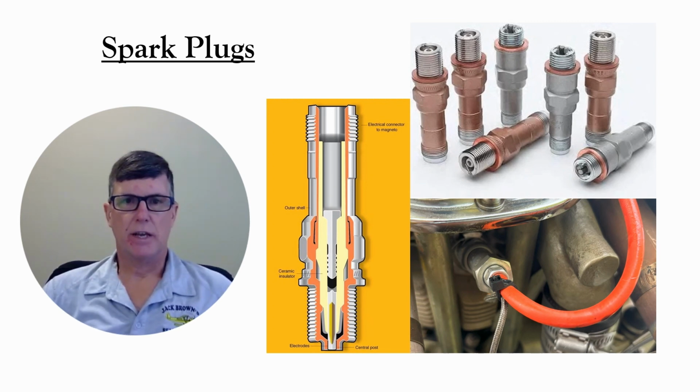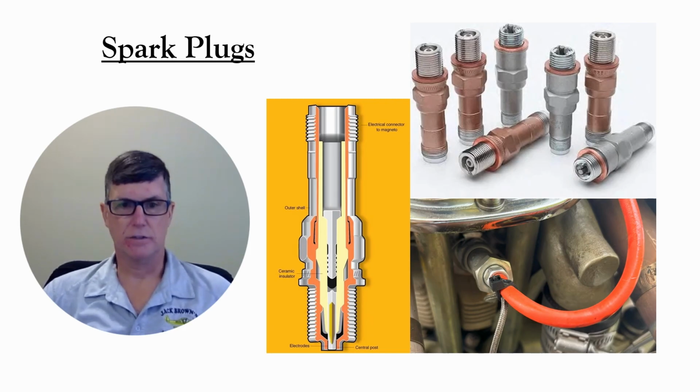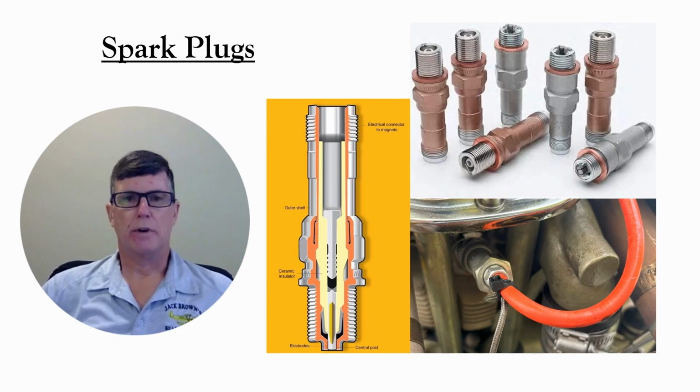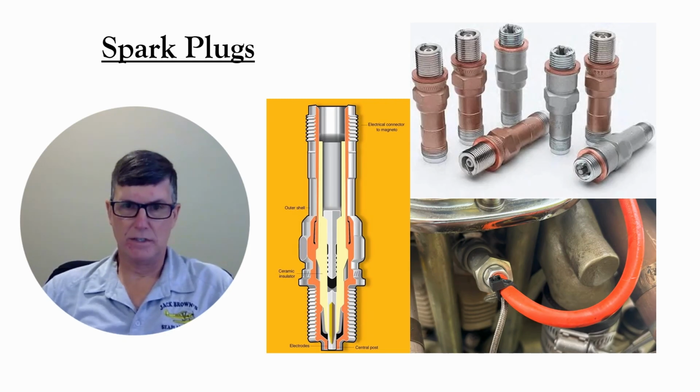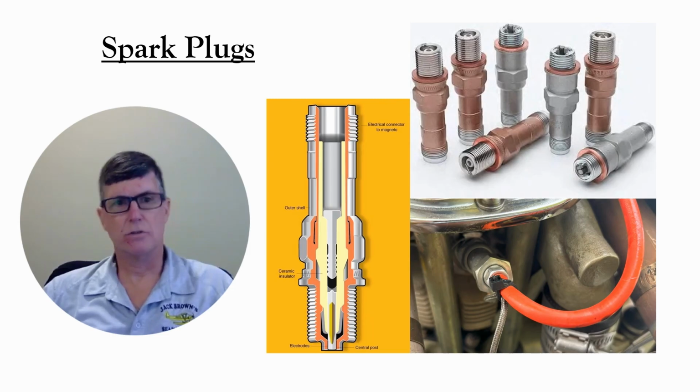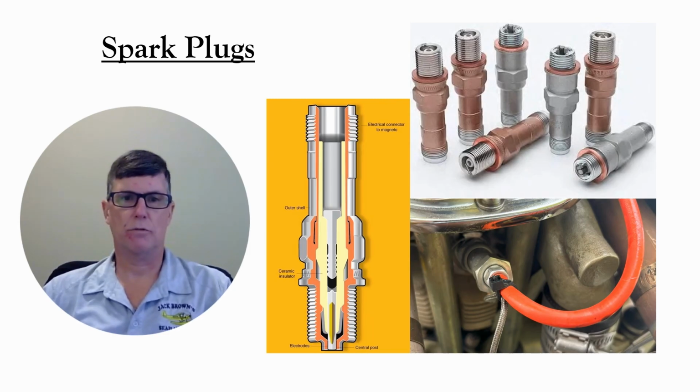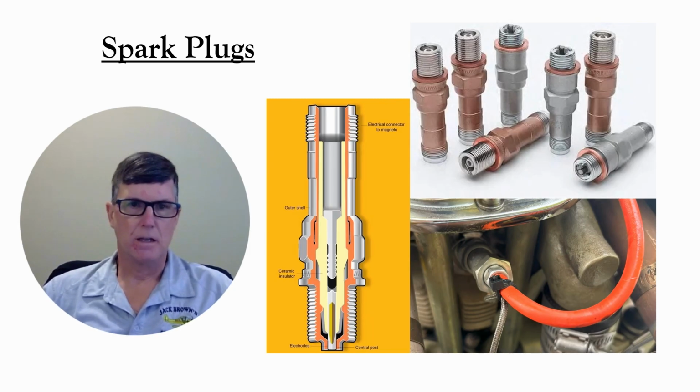Each spark plug has a central electrode which is connected to the magneto by the ignition harness. The outer part is connected to ground. At least it's connected to the ground through the cylinders. It's usually also connected to ground through the ignition harness.